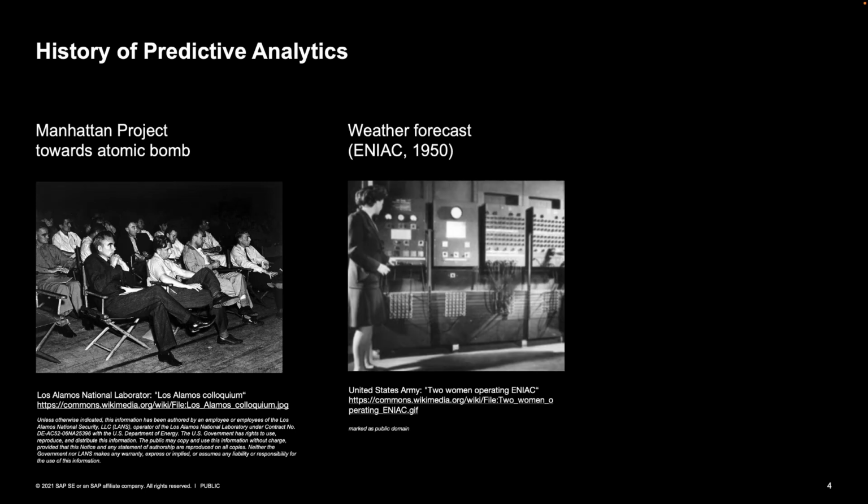The results being the creation of nuclear bombs. In 1950, the ENIAC, Electronic Numerical Integrator and Computer, ran a set of mathematical equations to predict the airflow in the upper levels of the atmosphere, leading to the use of computers to help forecast the weather.